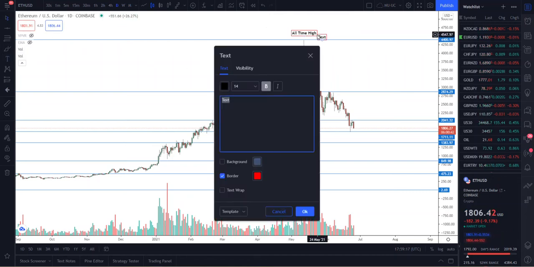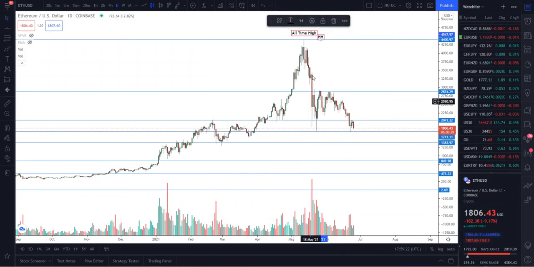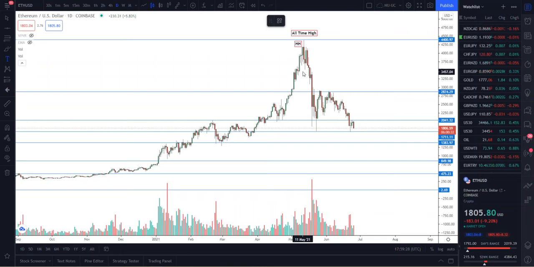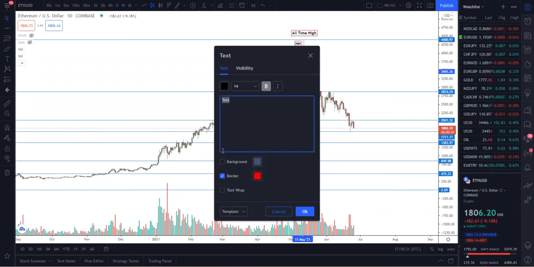So right here is going to be my higher high. Then we have a higher high here. The price came down later and did a higher low.